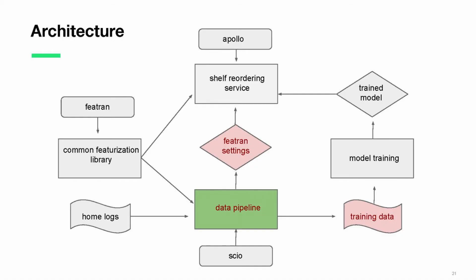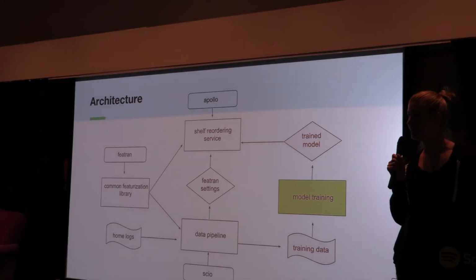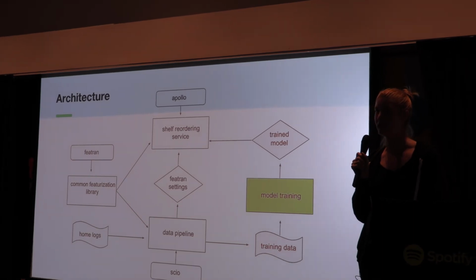OK, so after the data pipeline is run, we have two outputs, one being the Featran settings, and then also the training data. And although I'm not talking about this, the next step would be actually doing the model training, and then afterwards you're going to have a trained model.